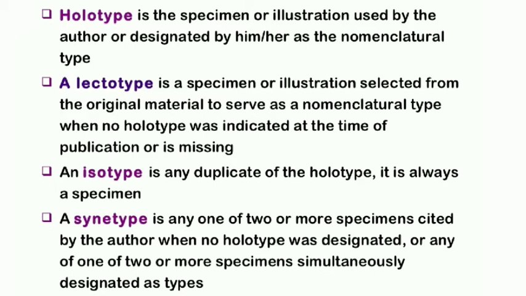Next one is syntype. Any one of the two or more specimens cited by the author when no holotype was designated, or any one of the two or more specimens simultaneously designated as types, means when the holotype is not there.